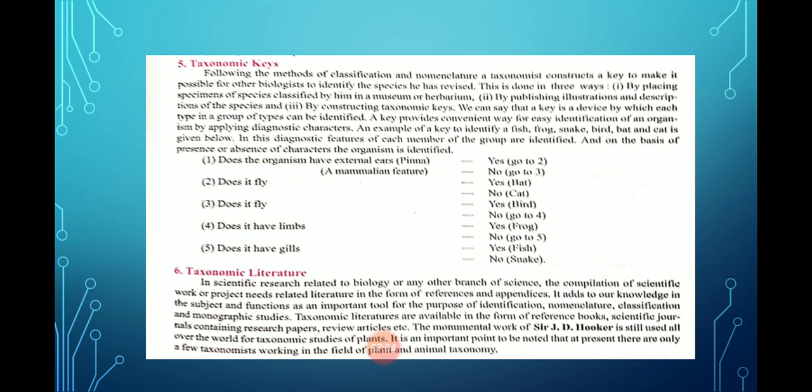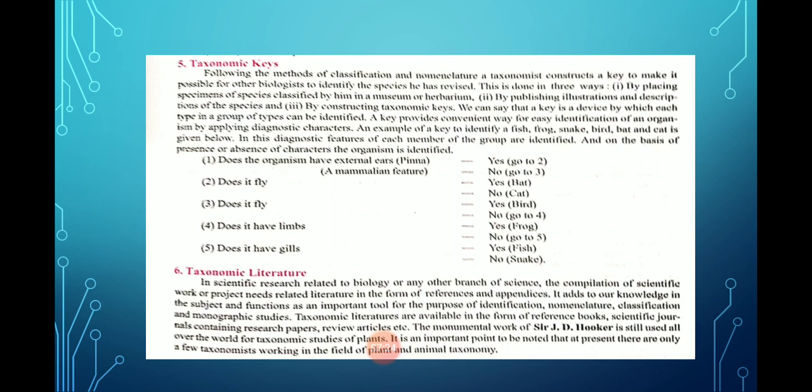In this way, we can go on and on for finding out the actual position of a new living organism which comes in the path of a botanist or a zoologist or any biologist who is doing taxonomy for identification of a new living organism.